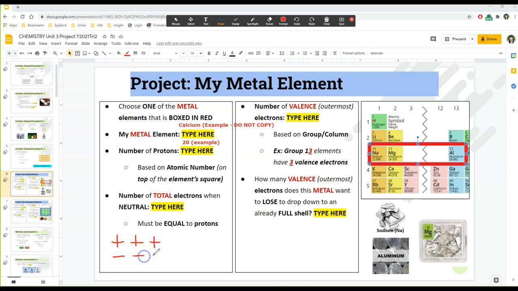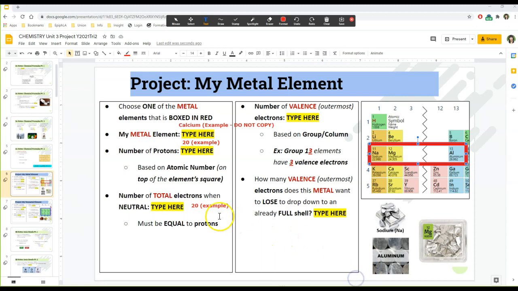So I would also need 3 electrons to cancel this out in order to equal a charge of 0, which is neutral. So I'm going to make sure that this number I choose right here is equal to the number that I chose up here. If I have 20 protons, then I should also have 20 electrons when neutral. So 20 would be my example here.